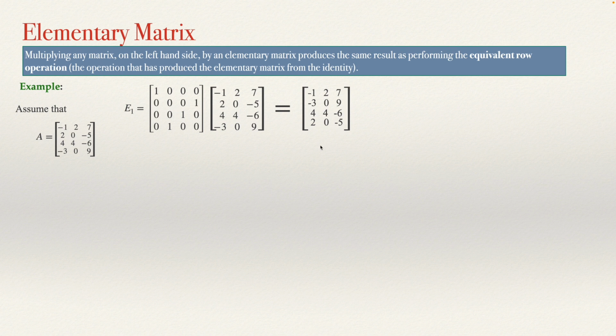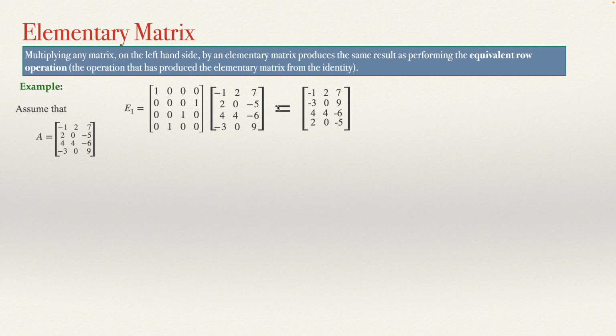So it means that if we multiply this elementary matrix by the matrix, the answer will be a matrix in which we have switched the second and fourth rows. And why? Because we multiply an elementary matrix that was obtained by this operation.